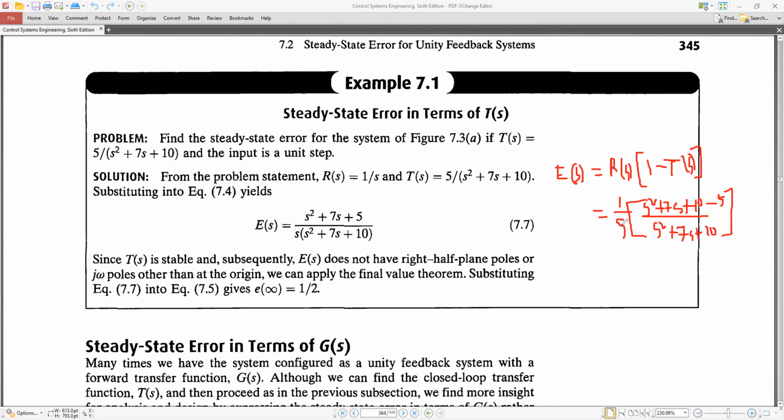After that the equation will look like this: s square plus 7s plus 5 over s into s square plus 7s plus 10.